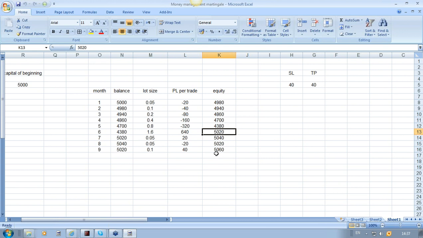Then I begin from the very beginning because I already profited, 0.05, I profit 20, add to equity. Then I lost and then profit again 40. Then, oops, sorry, it's 540. My mistake.